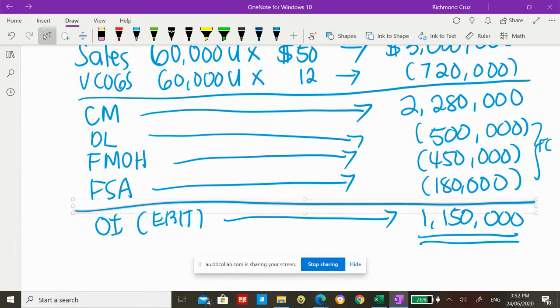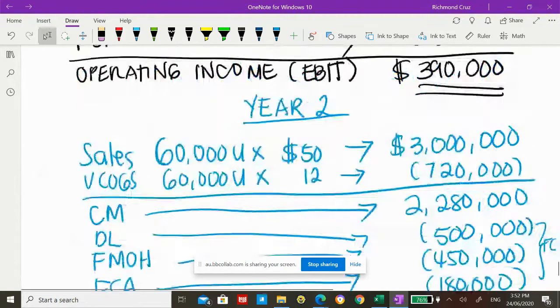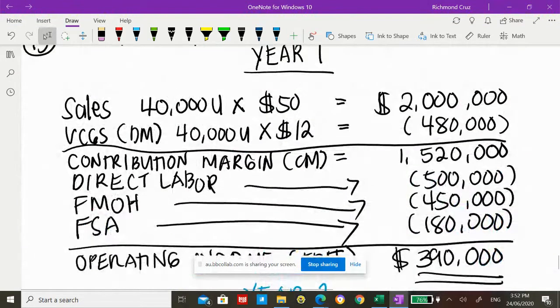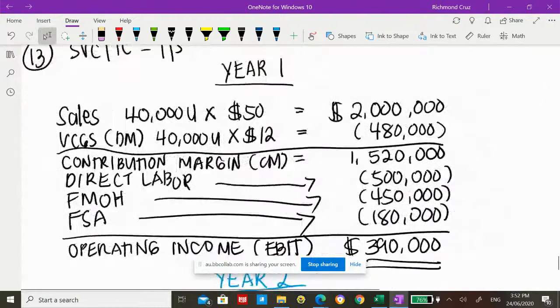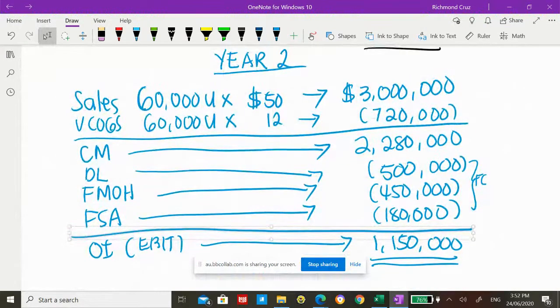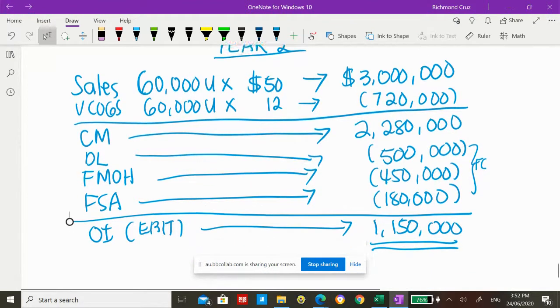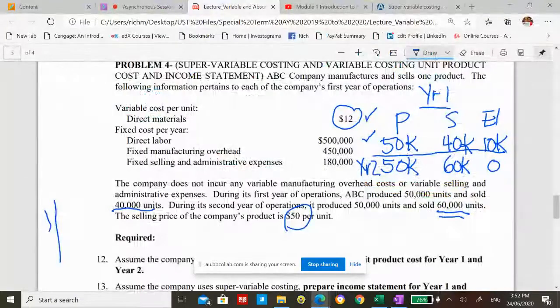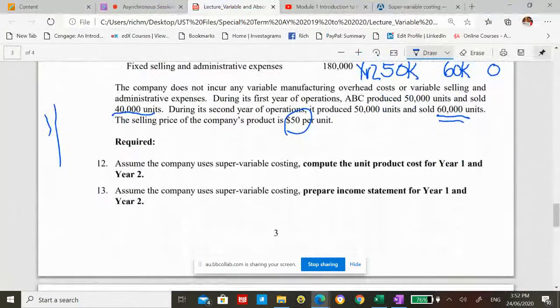So therefore, for year 1, our operating income is 390,000, and for year 2, the operating income is $1,150,000. So we're done with number 13.